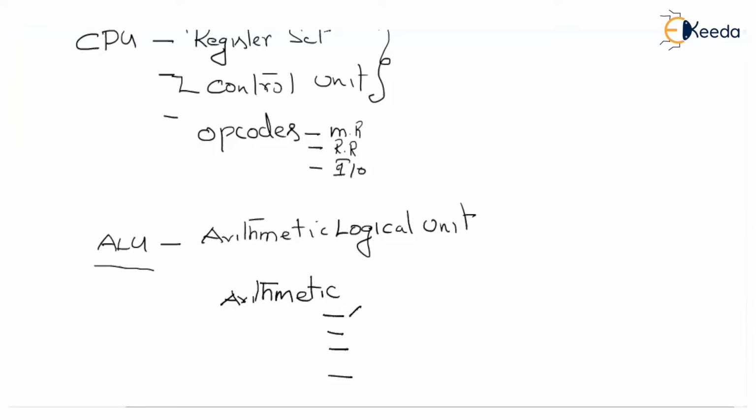Those are addition, subtraction, incrementing, and decrementing. You people might be thinking, why are we not clubbing multiplication and division? Let us have a look at the multiplication and division.